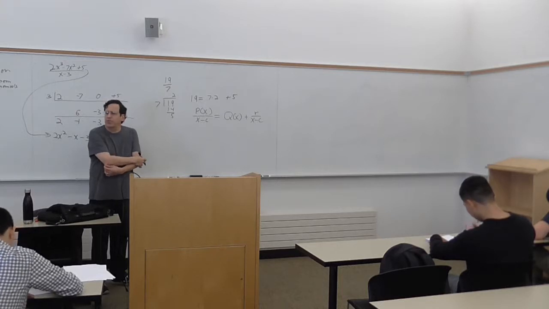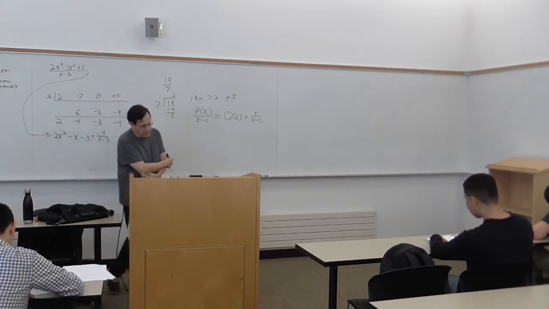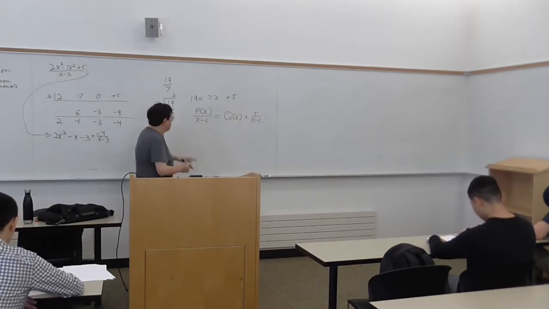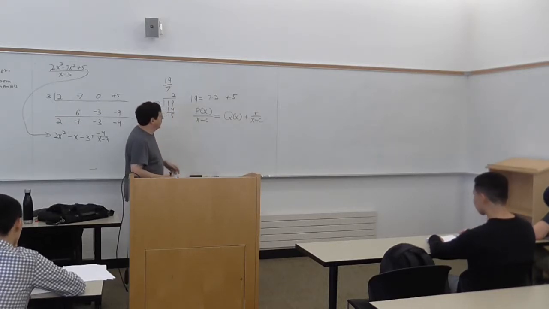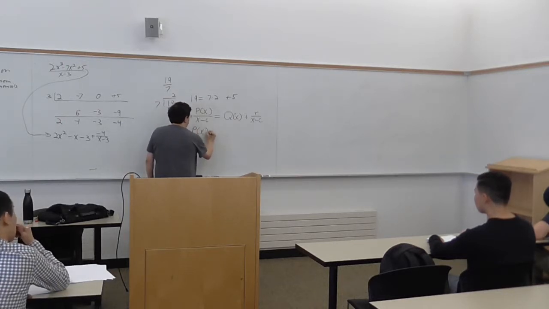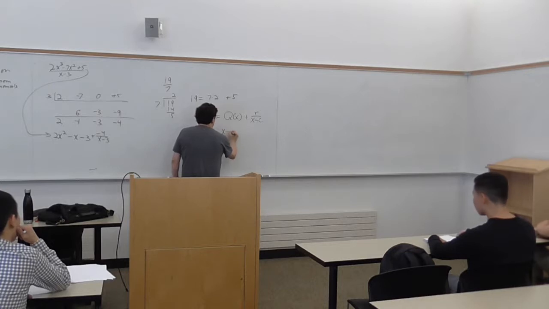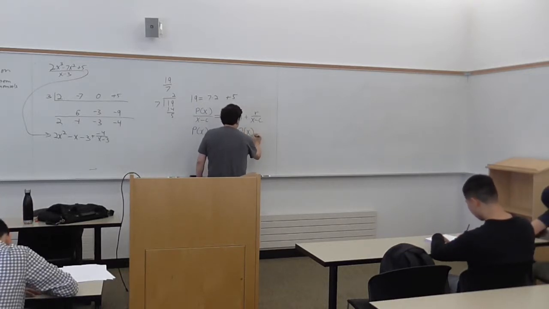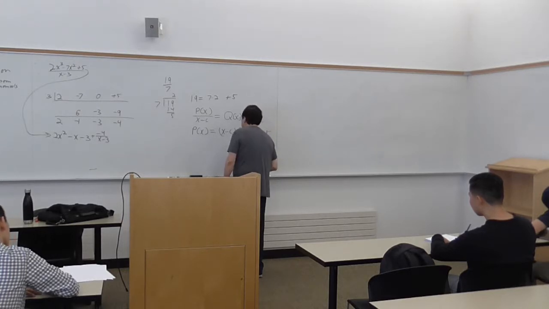It does really require a proof we're not going to do, but I think it's clear enough. Again, I want to rewrite this because the equivalence statement is that p of x equals x minus c times q of x plus r.